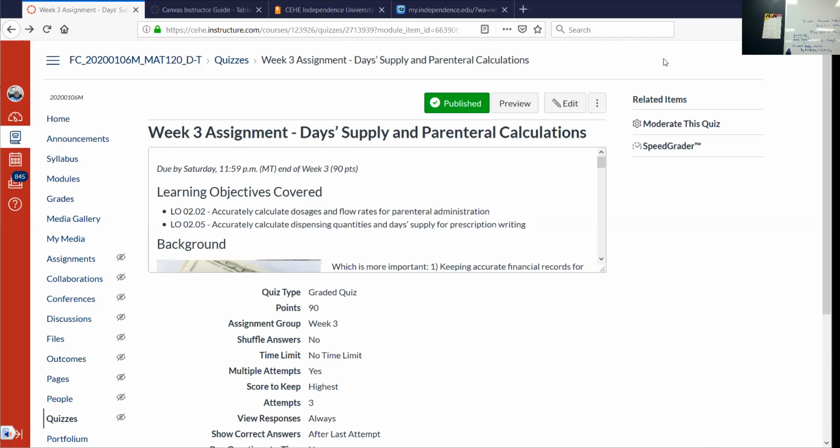Now, let's do the same problem, but not use a pump. Let's specify a 15 drop per minute apparatus, okay?